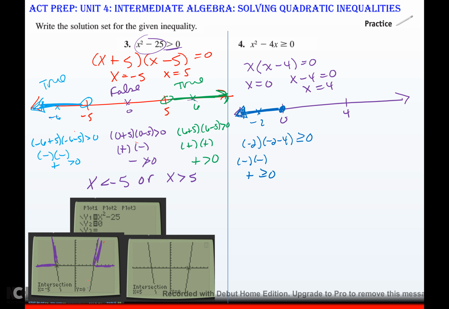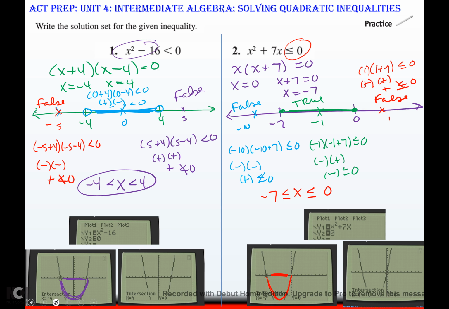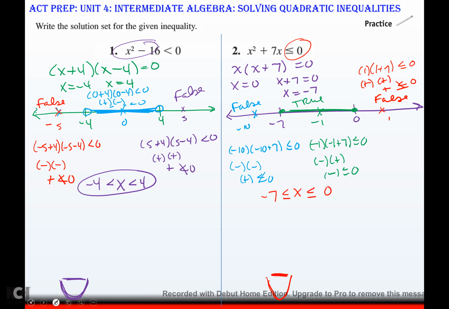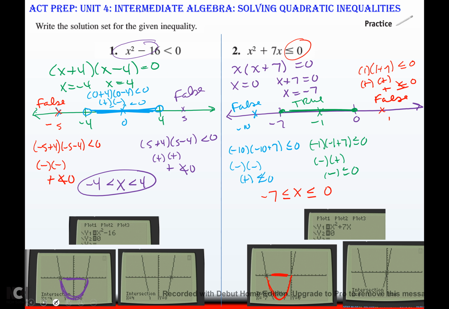But have you noticed that our answers are kind of always alternating? See how it goes true, false, true? Let me back up. False, true, false, false, true, false. What was this? True, false, true. You see how they're always alternating? And pretty much they're going to do that.